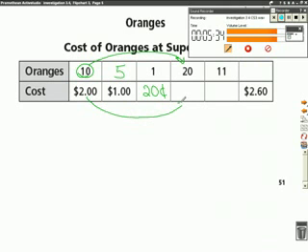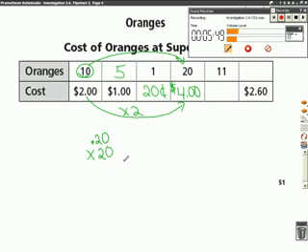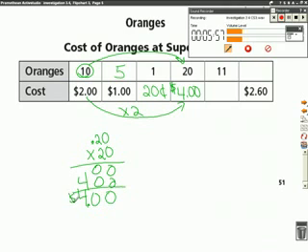So I'm going to take the 2, times that by 2, and that will give me $4. The other way that I could have done it is, if I didn't see that, I could just do 20 cents times 20.